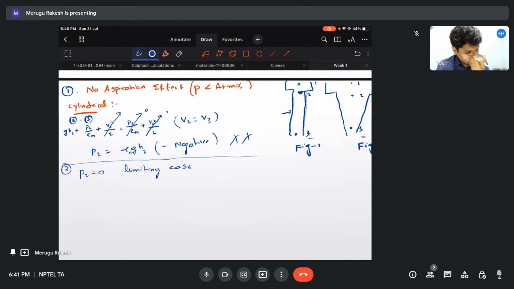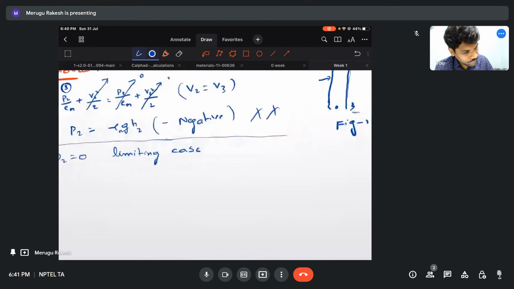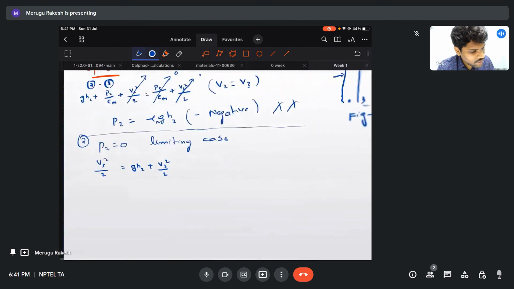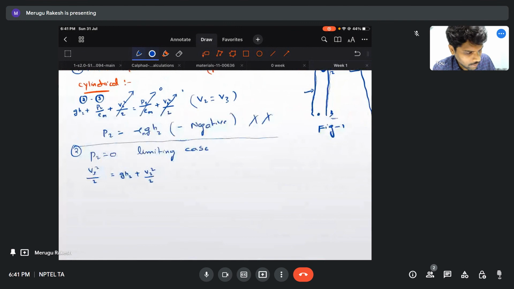Now I apply the same boundary conditions.